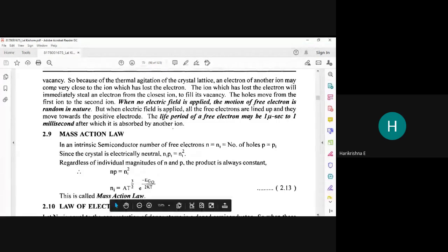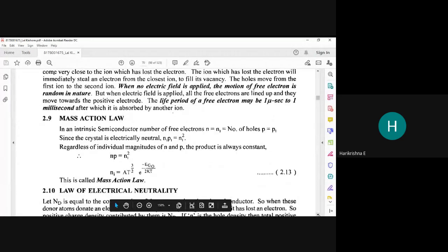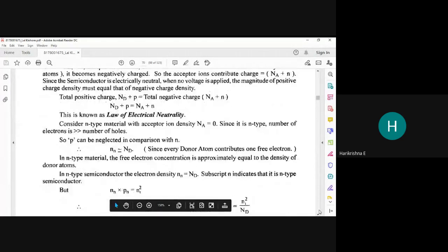Now we'll see the conductivity related to the P-type and N-type semiconductor. See this relation. Total number of positive charges is equal to total number of negative charges.